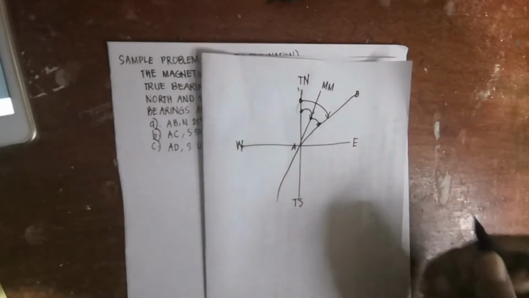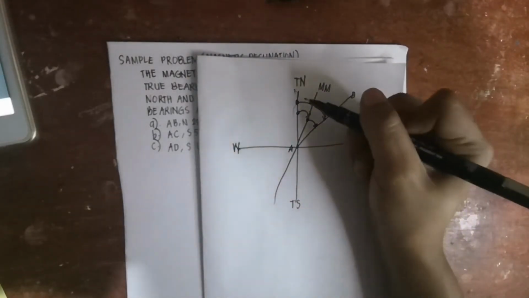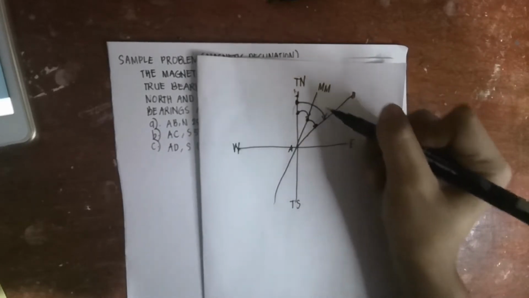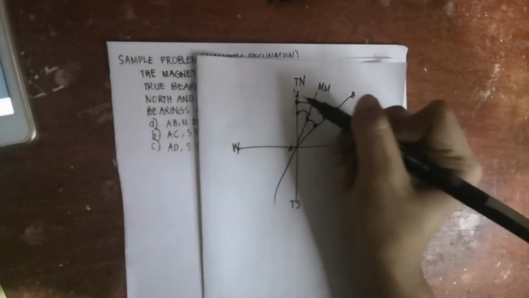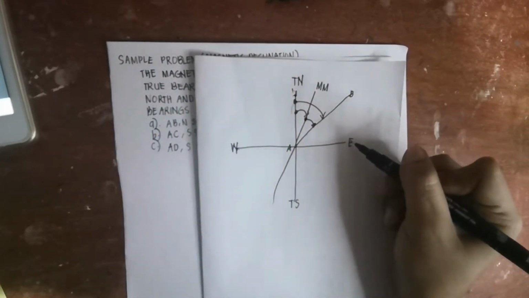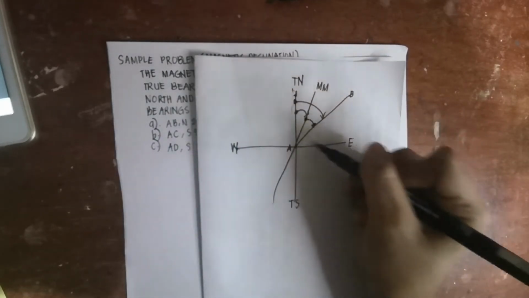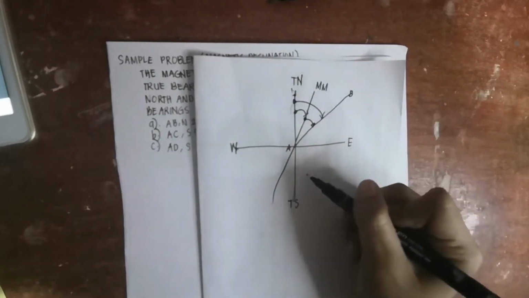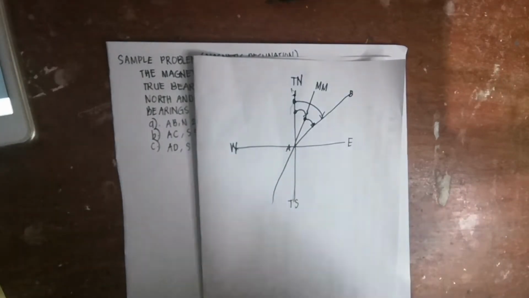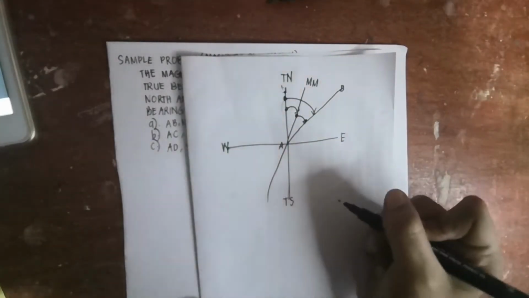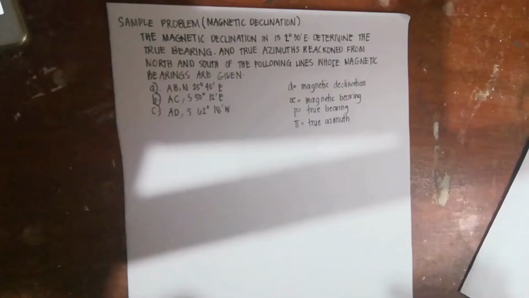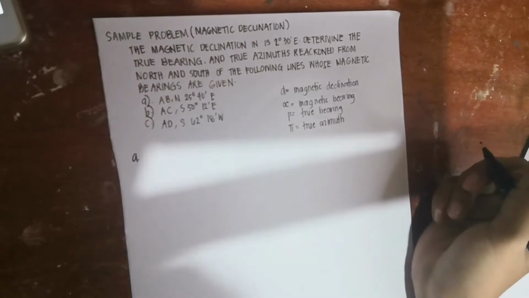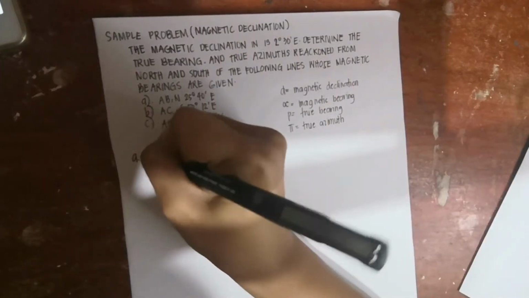Now for getting the true azimuth, you must always start from north, clockwise. And each quadrant is equivalent to 90 degrees, because a right angle is 90 degrees, and 90 and 90 and 90 and 90 equals 360 degrees. Okay, so we can proceed with solving. Let's start with letter A. I will write the givens.